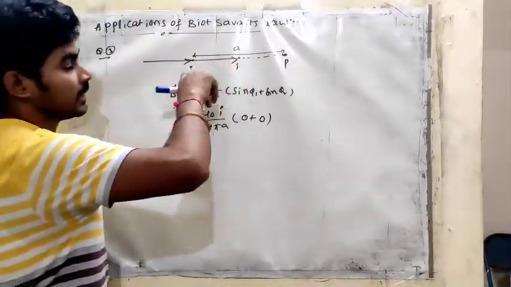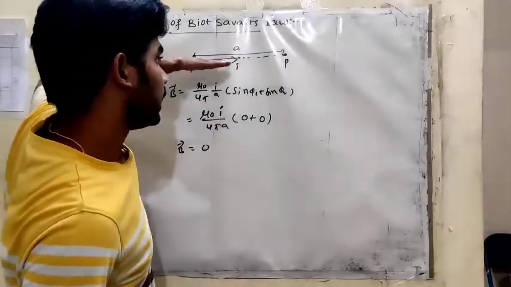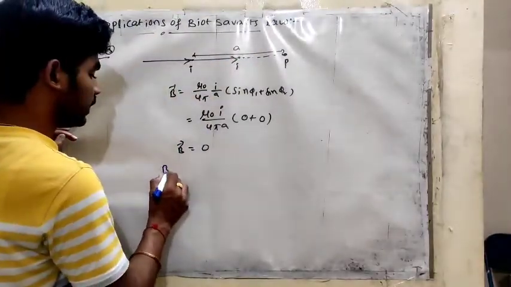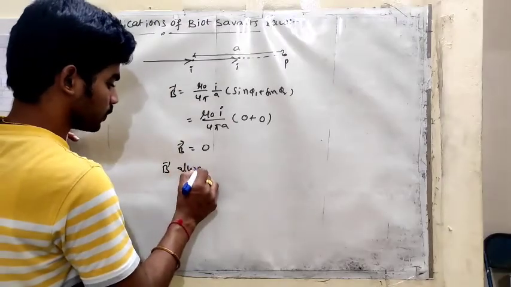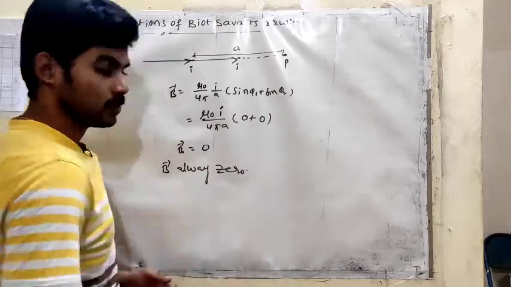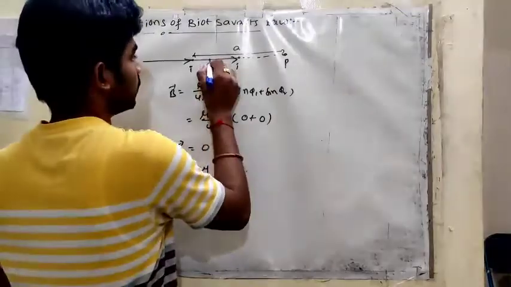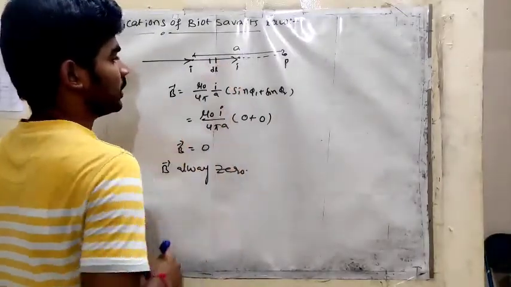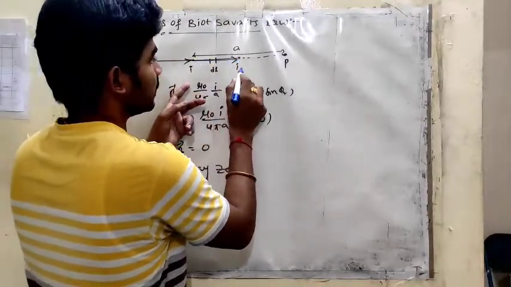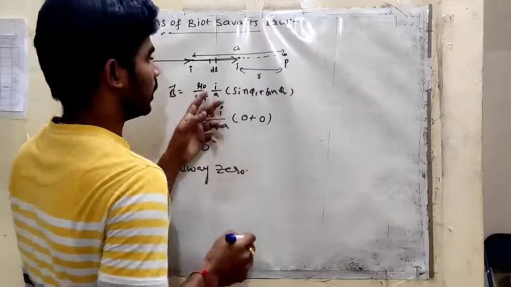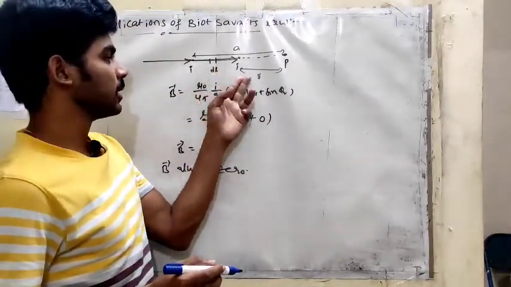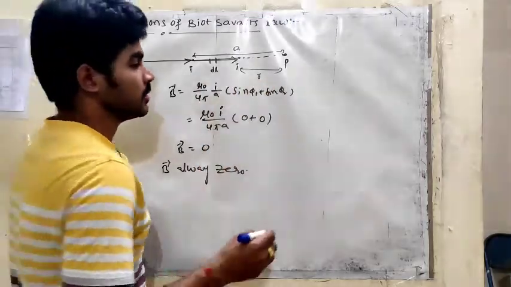So for a straight current carrying conductor, along the axis, parallel to the current carrying conductor, B is always 0. You can take a very small elemental length. Both are parallel, so the angle between dl bar and r bar is 0.